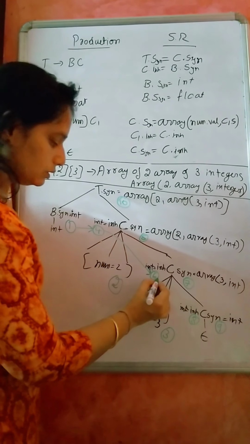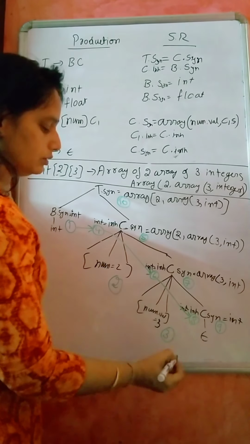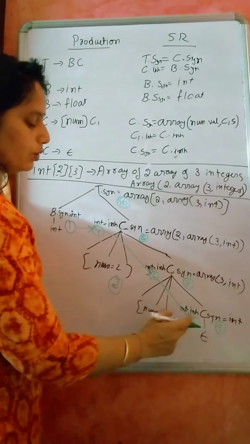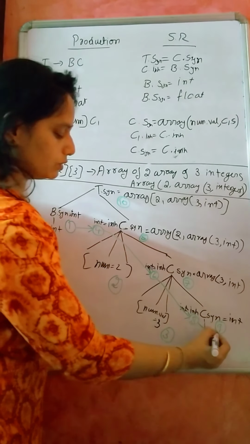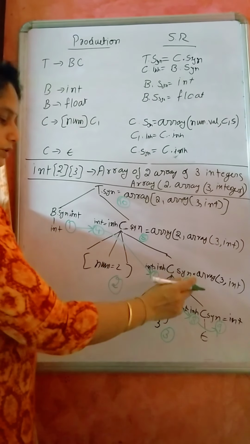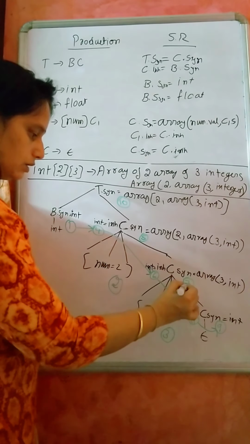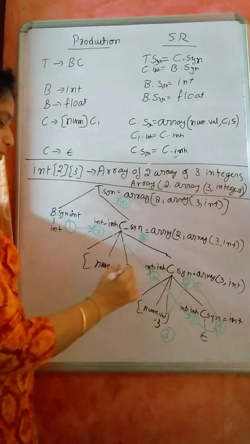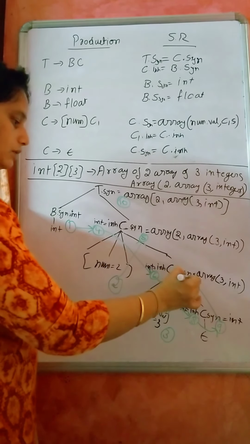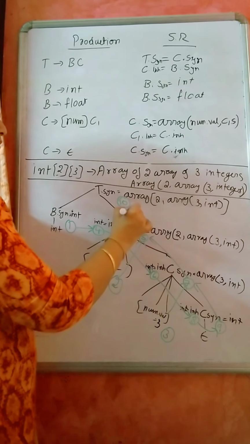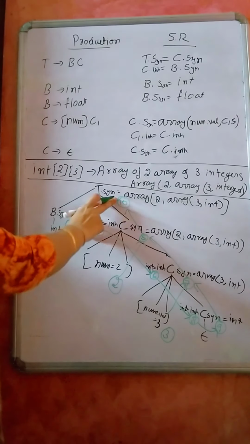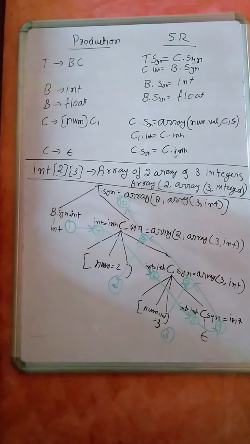Now this is transferred to here, and C dot synthesis depends on, as already I told you how we are getting this. So this depends on this and this, this depends on this value. So whatever I have written in green color, that is the dependency graph.